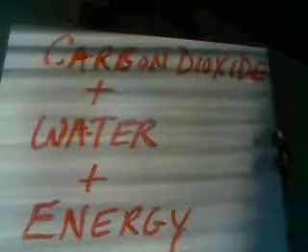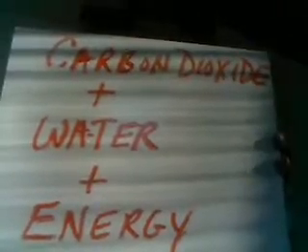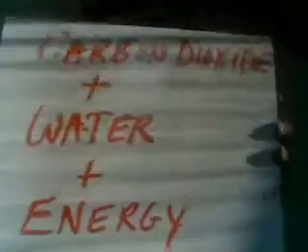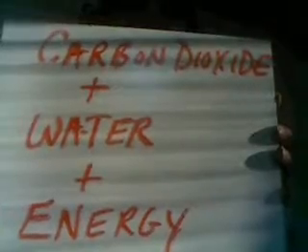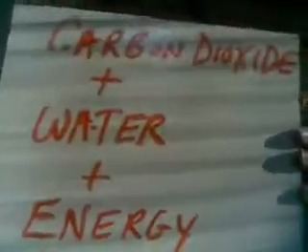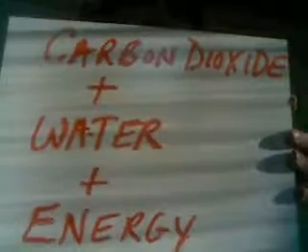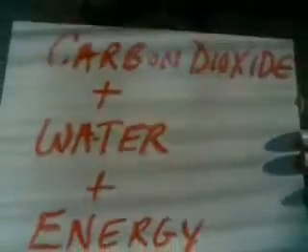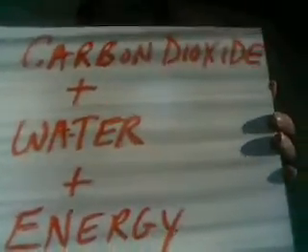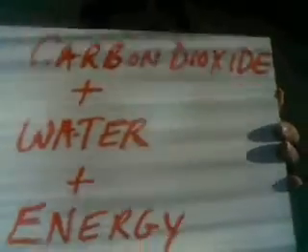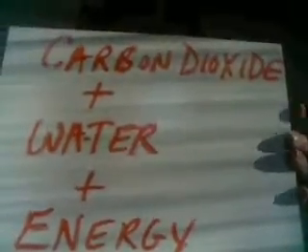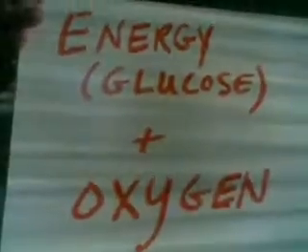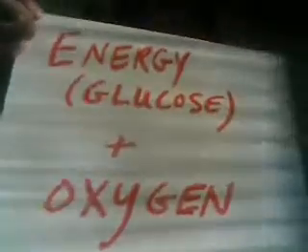Carbon dioxide, water, and energy, except in the form of sunlight, are used for photosynthesis. So this is what came out of cell respiration, but it's what goes into photosynthesis. So the products of cellular respiration are the reactants of photosynthesis. Just like we said, the products of photosynthesis, glucose and oxygen, are the reactants of cellular respiration.